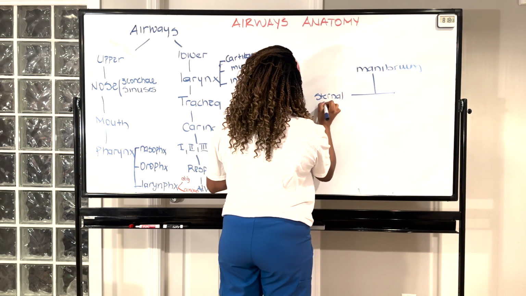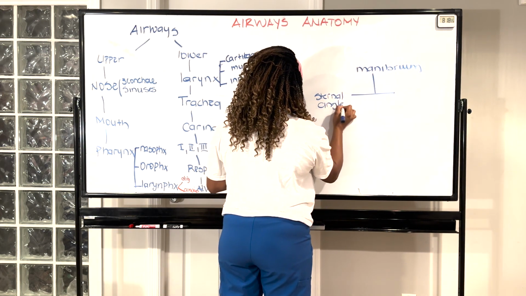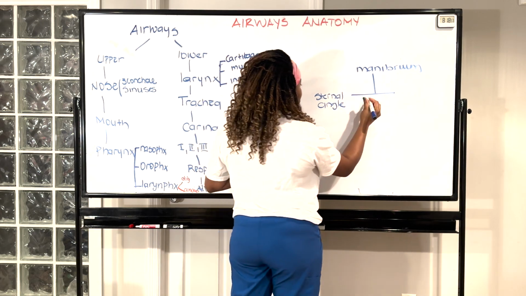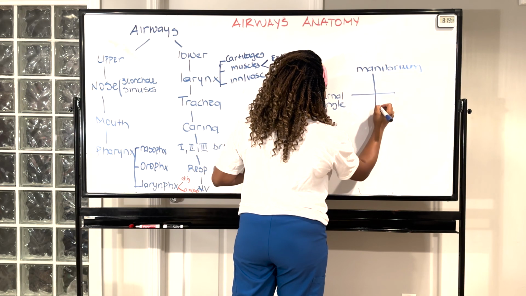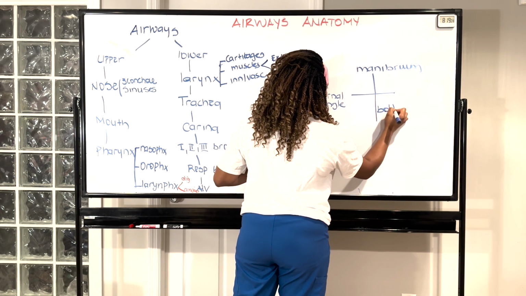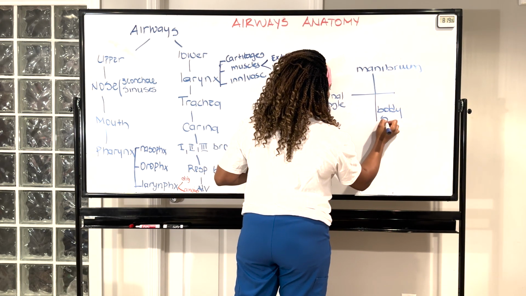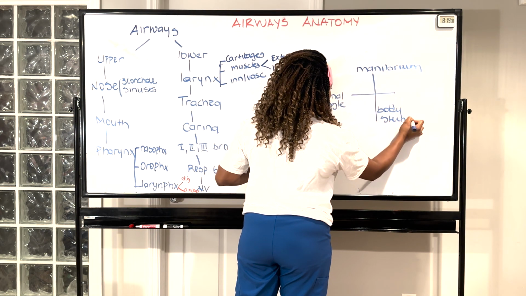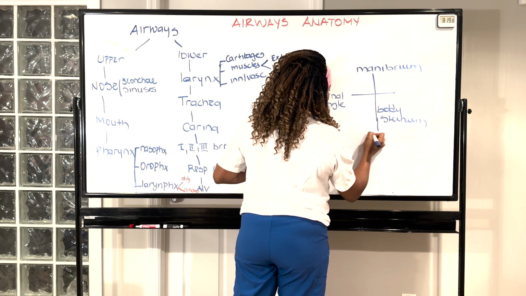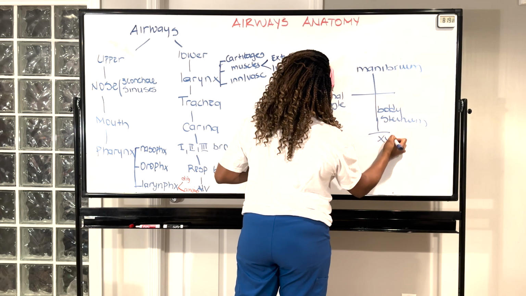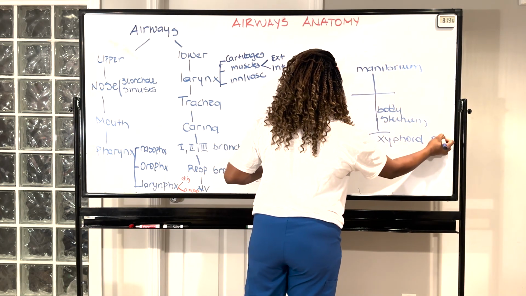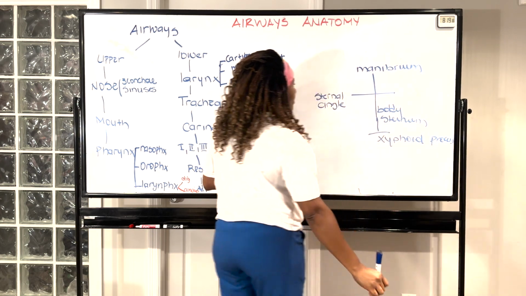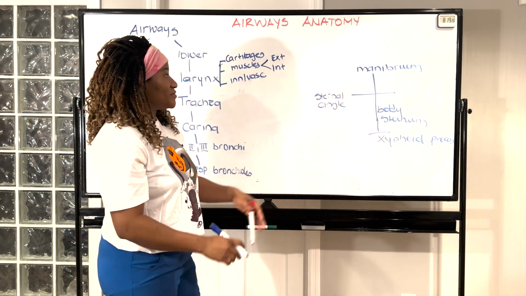The sternal angle divides the manubrium from the body of the sternum. So here we have the body of the sternum. And then we have the xiphoid process. So this is our sternum.